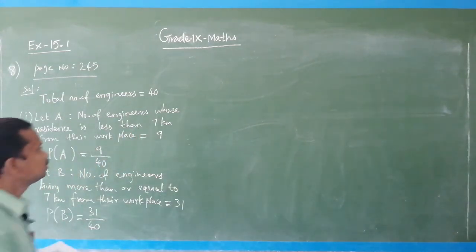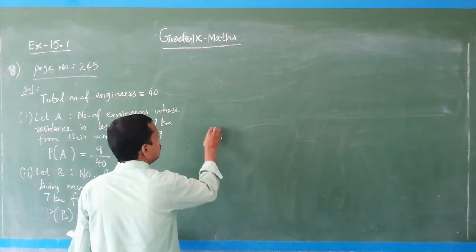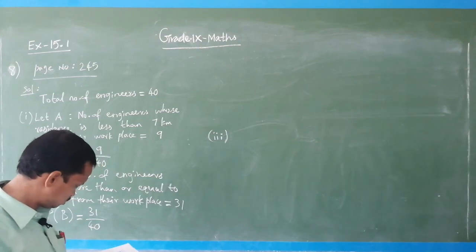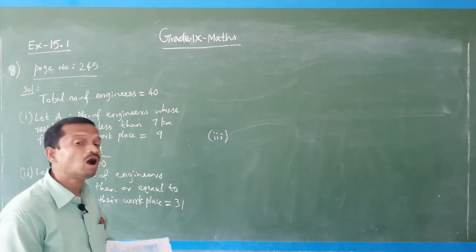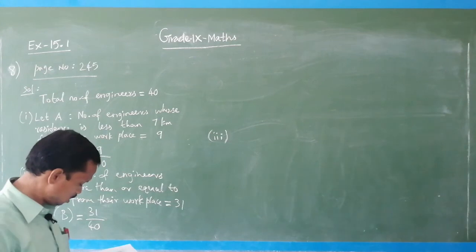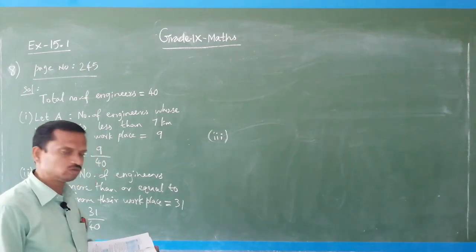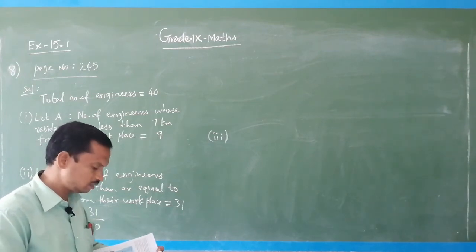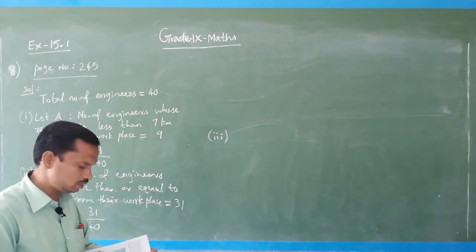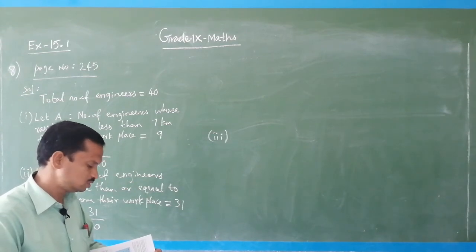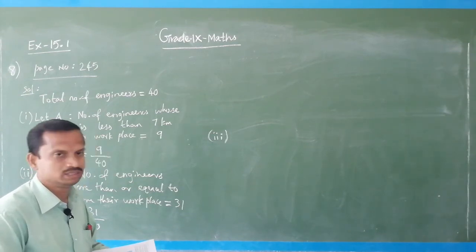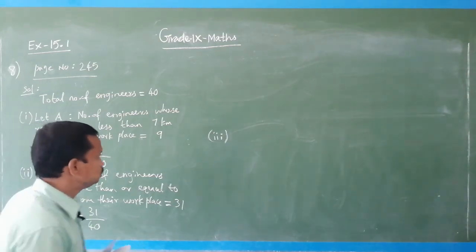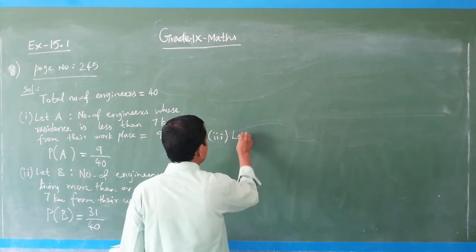Now option 3: the number of engineers who live within half kilometer, 1 by 2, from their place of work. Nobody, because in the given data nobody has a residence within half kilometer of their workplace. It was not given there. So we take 0.